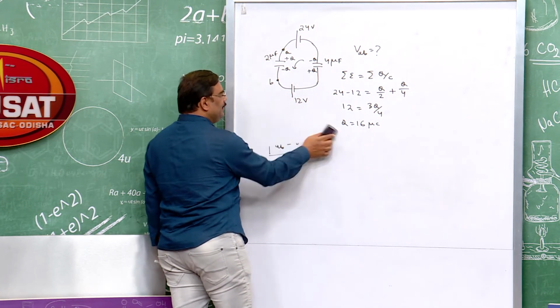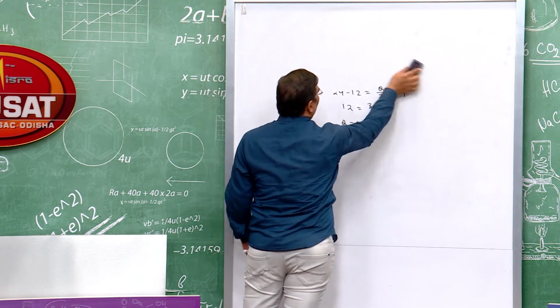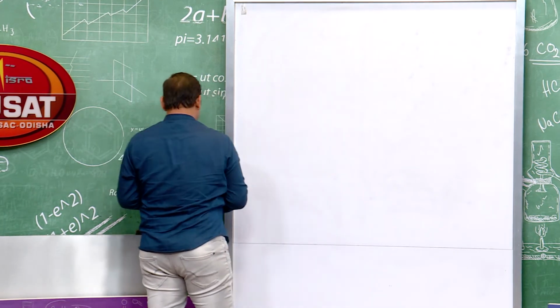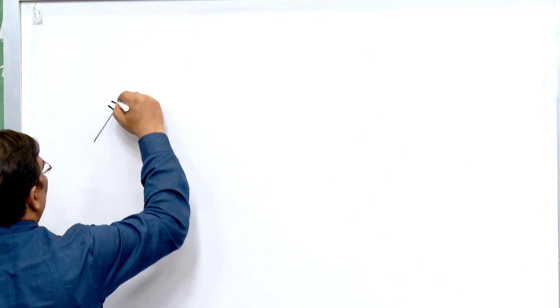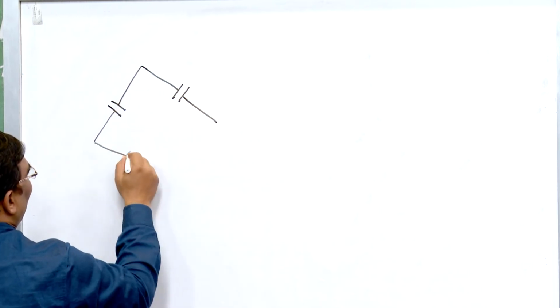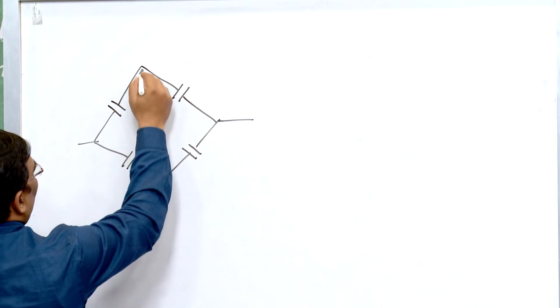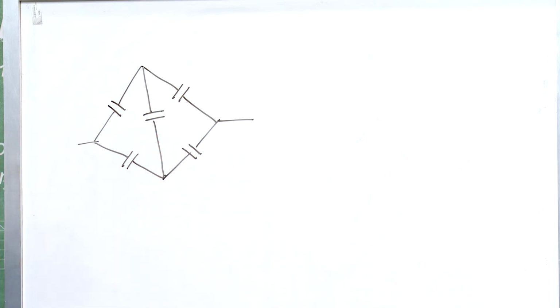To find the effective capacitance between 2 points, now let us consider a similar situation of an unbalanced Wheatstone's bridge, where the capacitors are connected like this.